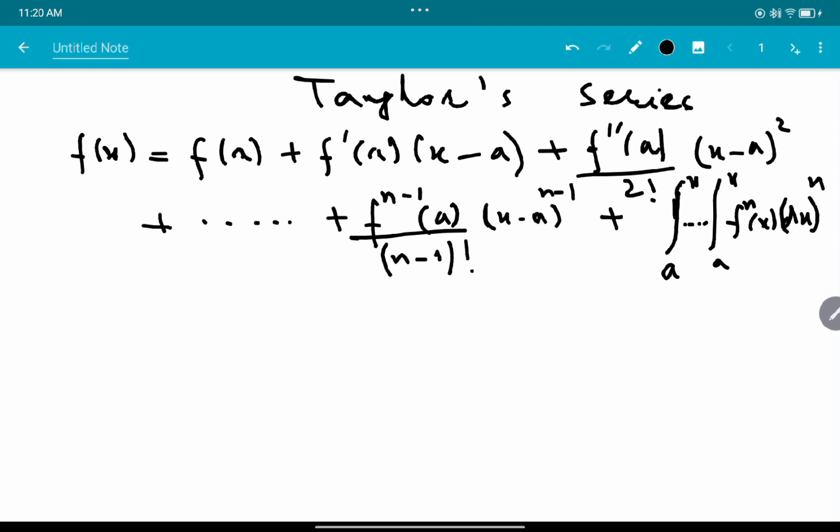So this multiple integral is called a remainder.